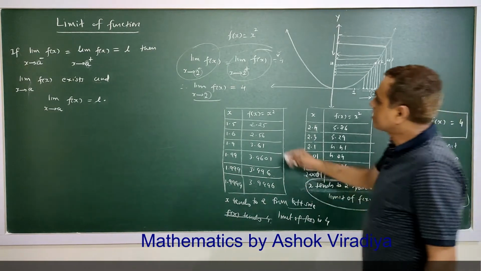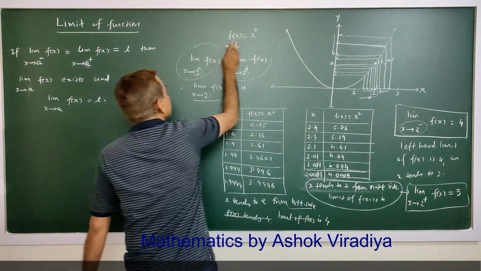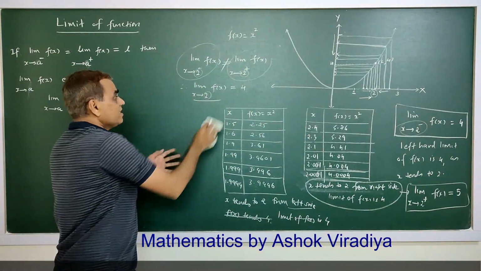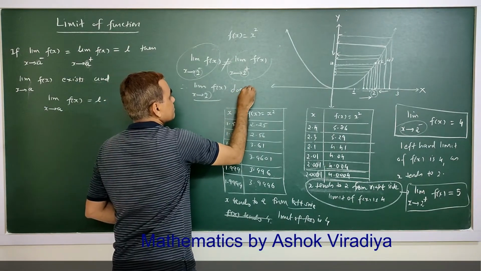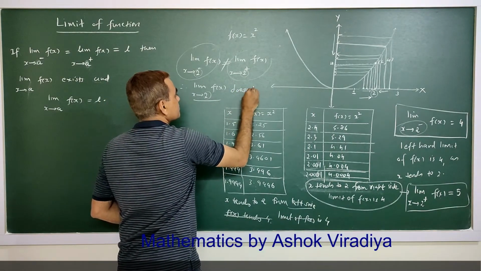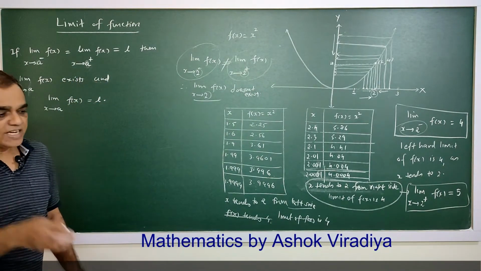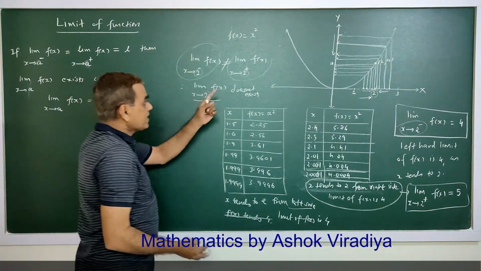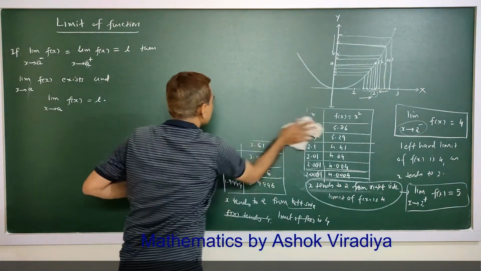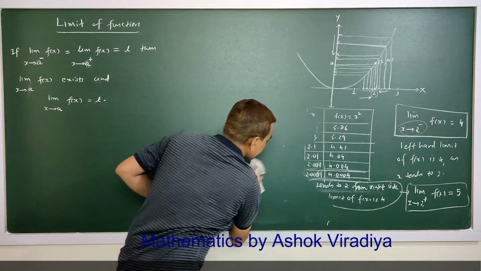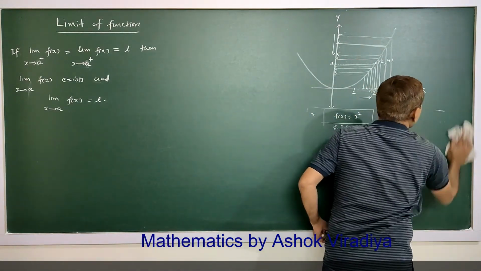If these values are not equal, then we say this limit does not exist. Let me explain one example showing that limit does not exist. I have to change the example to understand when we say limit does not exist.